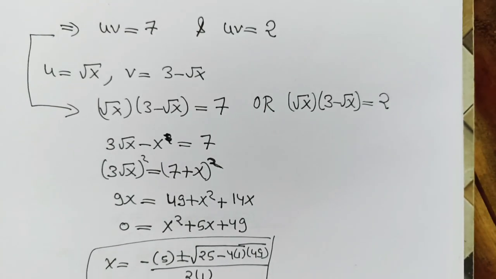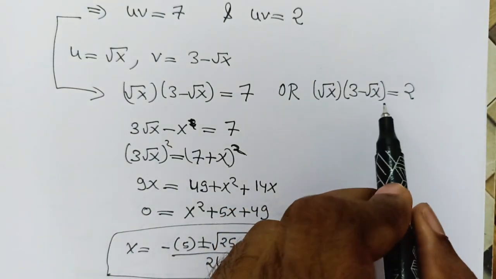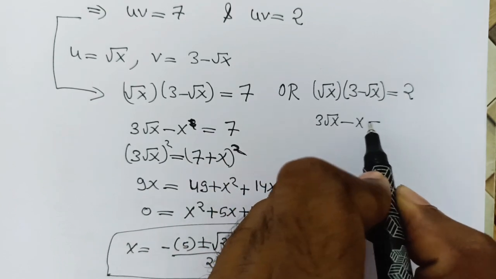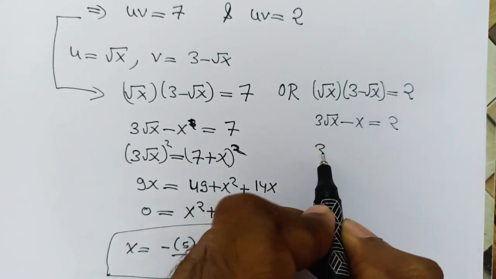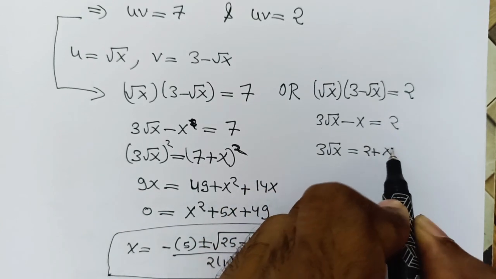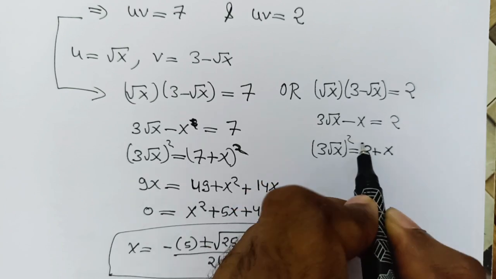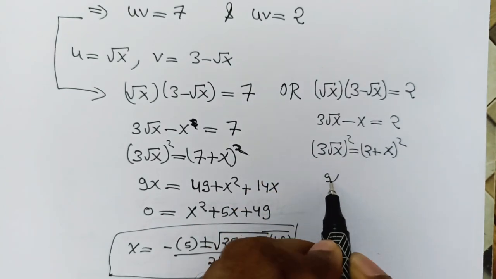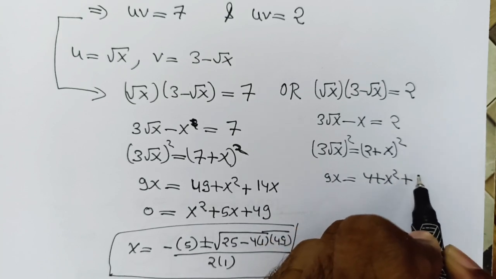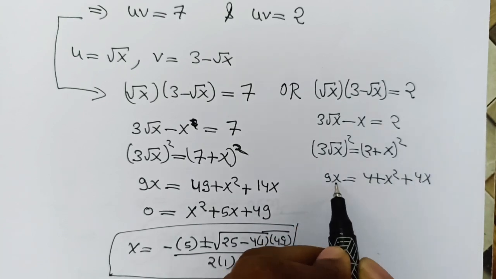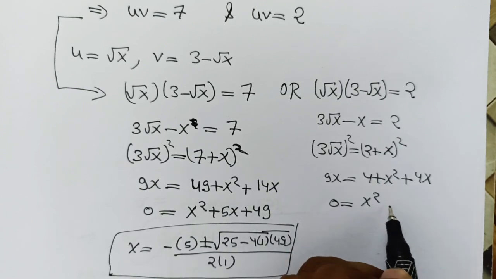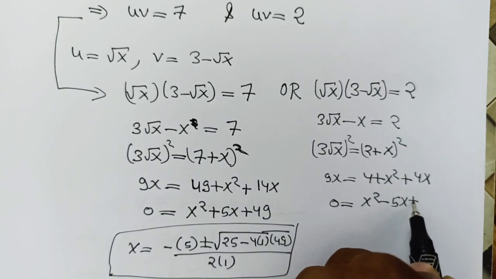And from the second part we have square root of x into this, multiplying, we have 3 square root x minus x is equal to 2, and then 3 square root x is equal to 2 plus x. Now squaring on both sides we have 9x is equal to 4 plus x square plus 4x, and then taking 9x to the other side we have 0 equals x square minus 5x plus 4.